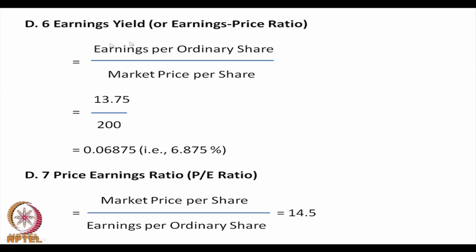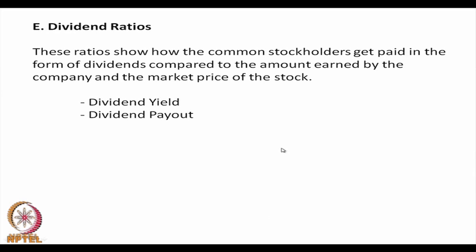This is known as earnings price ratio, or EP ratio, or earnings yield. The reverse of it is known as PE ratio, the price earnings ratio, which is the market price by earnings per ordinary share, which is 200 divided by 13.75. In this case, it is 14.5, it is quite high.